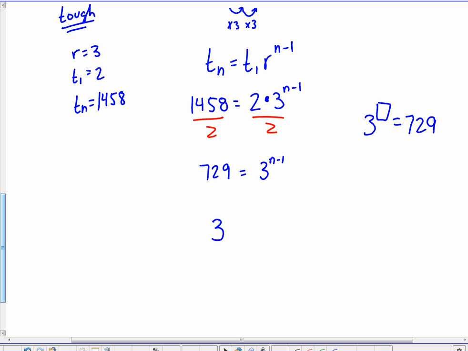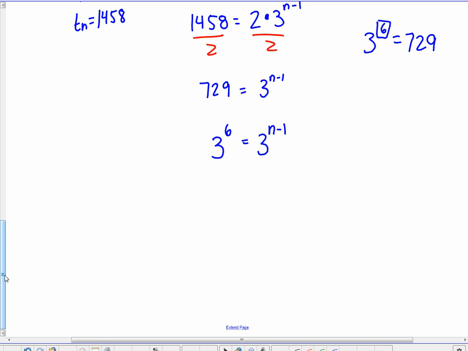In your calculator, 3 to the power of 6 equals 729. So I'm going to change 729 to 3 to the power of 6. What does that do for us? It does lots for us, because now we have this equal to symbol, and so these exponents are equal to each other.